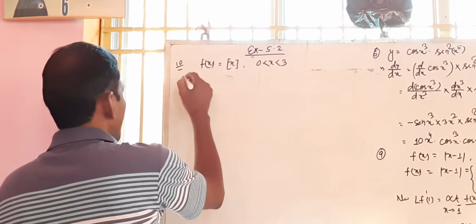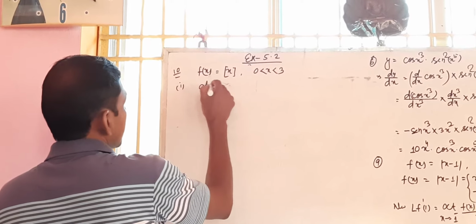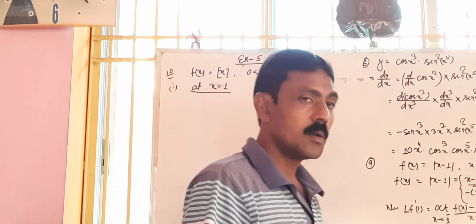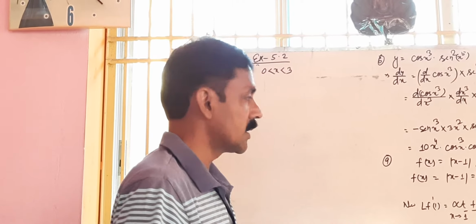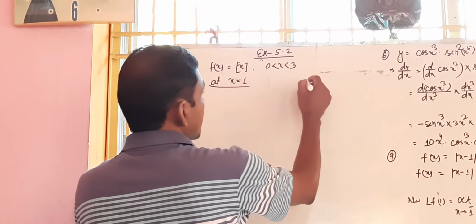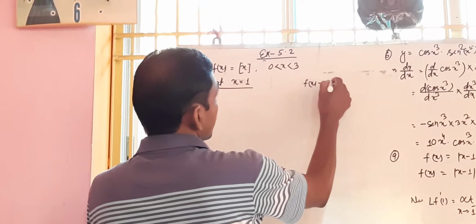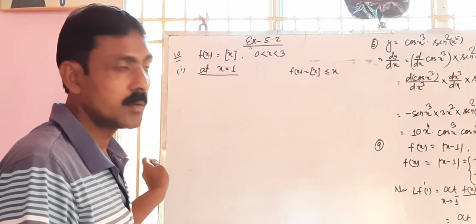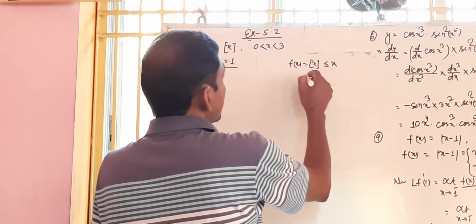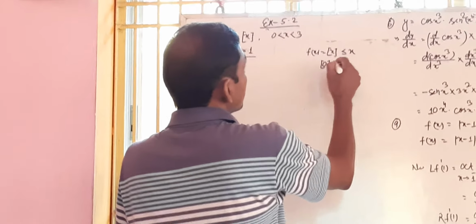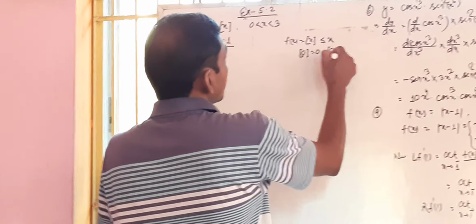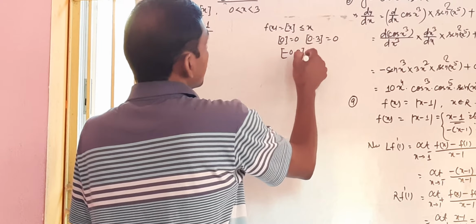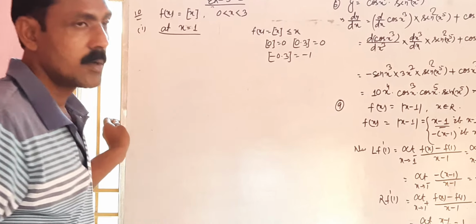So first, at x equal to 1. Once again I am reminding you the definition of the greatest integer function. It is always less than or equal to x. If it is 0, the greatest integer function is 0. If it is 0.3, it is 0. But if it is minus 0.3, it is minus 1.